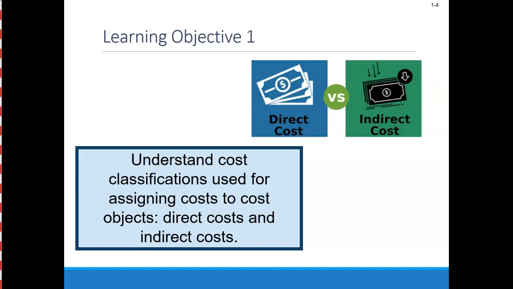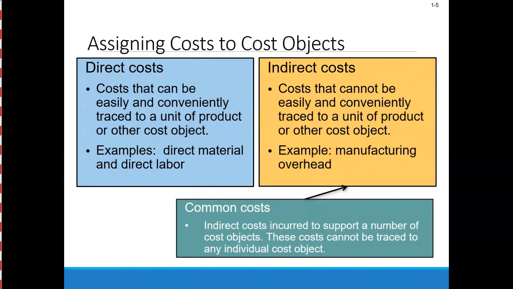We have two primary types of costs. One we call direct costs, and one we call indirect costs. Direct costs can be easily identified and traced to a specific unit or cost object. Examples of direct costs are direct materials and direct labor. Think of an automobile factory.